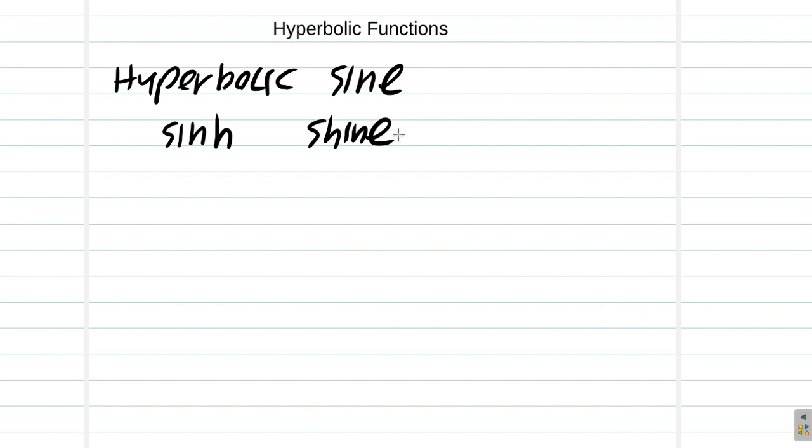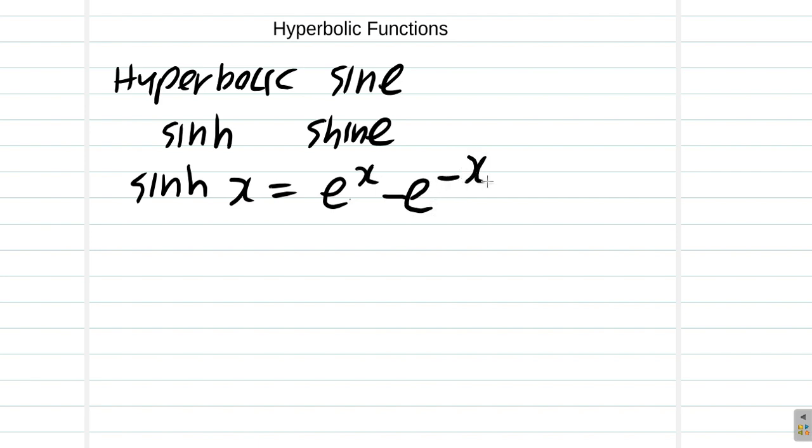So, for example, sinh of x is equal to e to the power of x minus e to the power of negative x, divided by 2. Right?